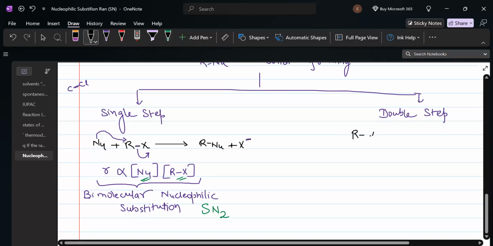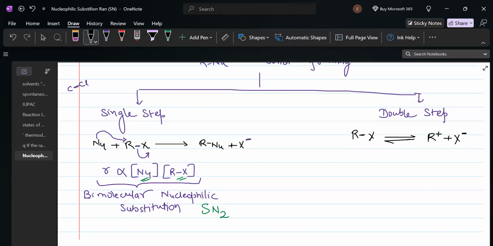In the first step, this is an equilibrium sign, the leaving group will get out and take the shared pair of electrons with itself, and thus a carbocation is formed.